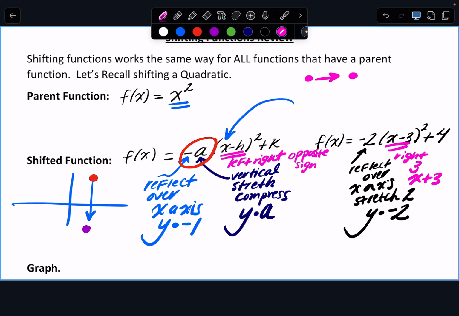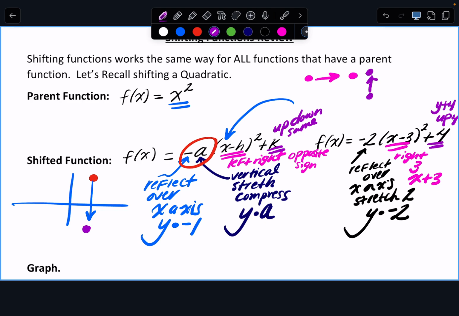Everyone with me? And then this is our shift added on the outside. If it's not grouped in parentheses with x, added on the outside is the shift up and down. And we do not verbalize opposite. We verbalize the sign the same as it is. So isn't this up 4? If you take a point and you need to move it up 4 units, that would affect your y values.